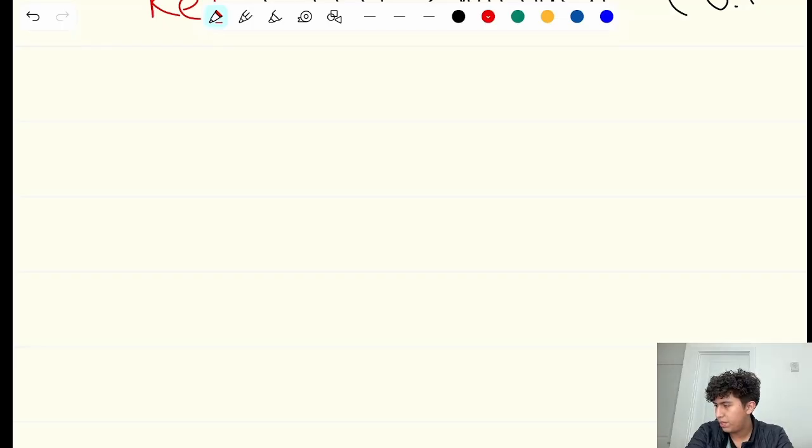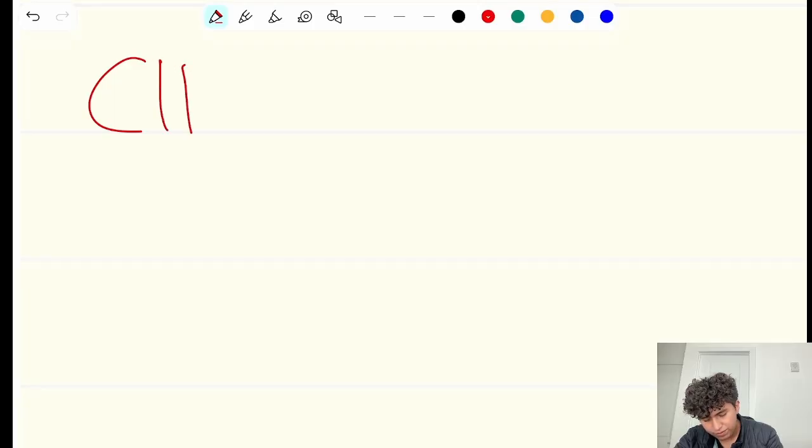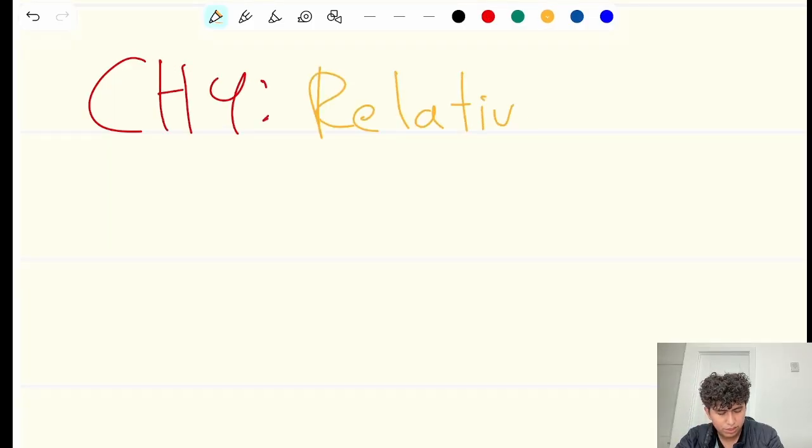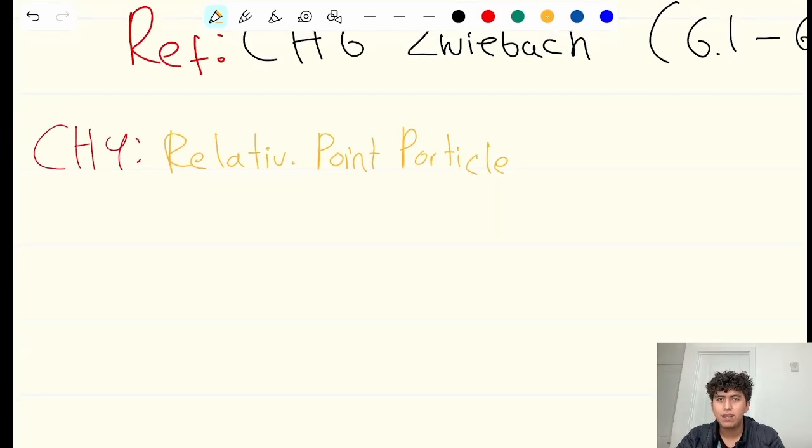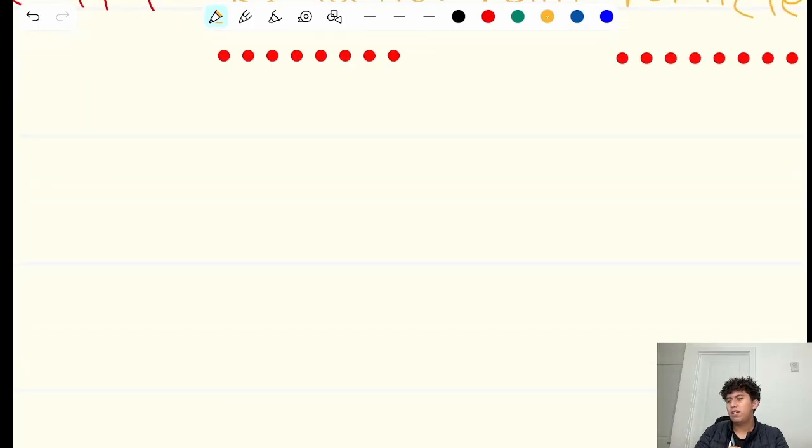Okay, so first thing, relativistic point particle. I think in the notes I put another name, but it's the same thing. We're going to analyze first the point particle, since afterwards we're going to analyze the string, which is going to be a generalization of many principles we're going to learn with the point particle.